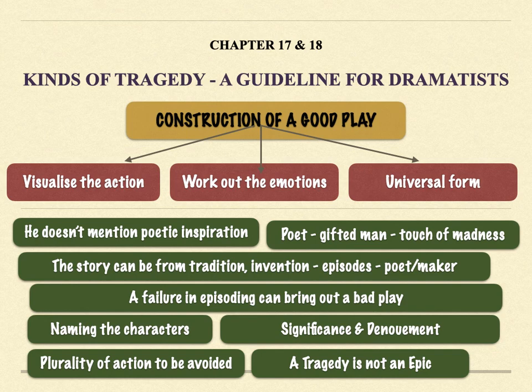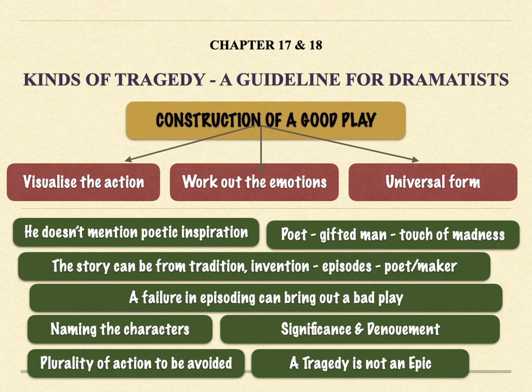That is why we call the Mahabharata and Ramayana epics, because there are multiple characters, millions of characters, millions of storylines coming and going. But at the same time, there is a main character and a main action which is going on. But Aristotle says this is possible in an epic, but if you bring that into a tragedy, it will lose its strength and the tragedy would become a weak one.